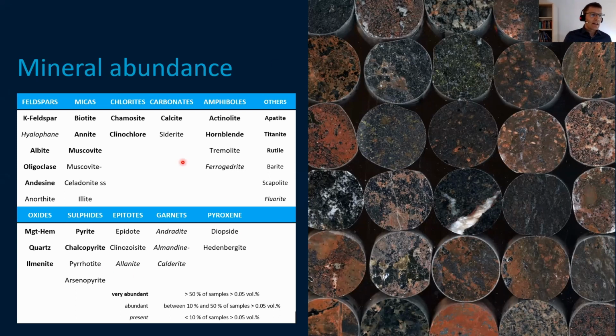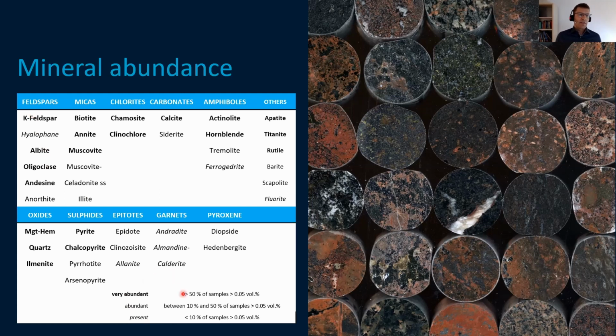On the right side, we see the mineral abundance of the entire data set from Ernest Henry, incorporating mineral abundances from samples from all drill cores. If we look at these general abundances, we see minerals which are very abundant in bold.